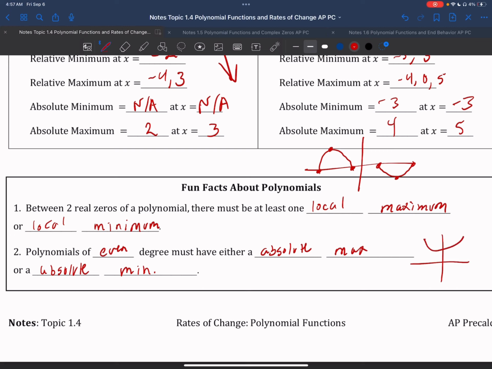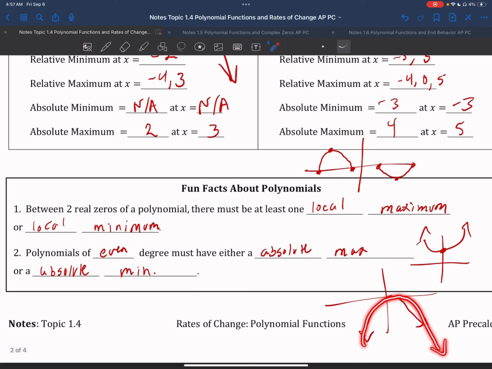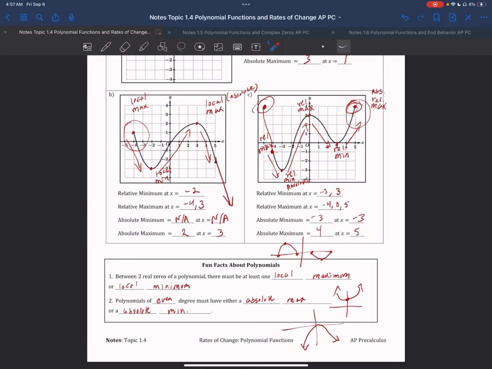So if we look at an example like this, like y equals x squared plus 2, I notice that both of my arrows are pointing the same direction, like I said, creating the absolute minimum. If I look at y equals negative x squared, I can see that again, both of my arrows are pointing down. So this will be the highest point, creating an absolute max, and that's going to work all the time.